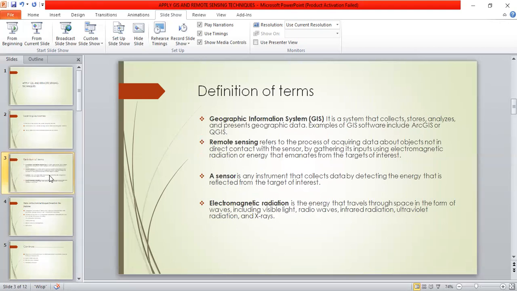Bernarda and Misati. We have environmental monitoring. Thank you, Bernarda. Misati. Agriculture.